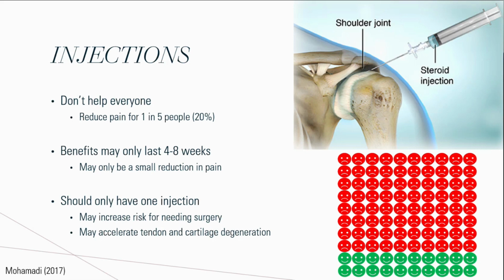The studies have shown that when they did more injections, there was no further decrease in pain versus just having one. They also found that these steroid injections can increase the risk for needing surgery, and they can also accelerate tendon and cartilage degeneration. So that's, again, a reason why it's better to hold off on them if you can, and use this as a bit of a last resort.